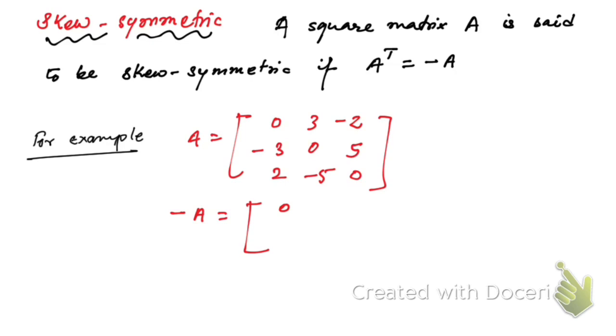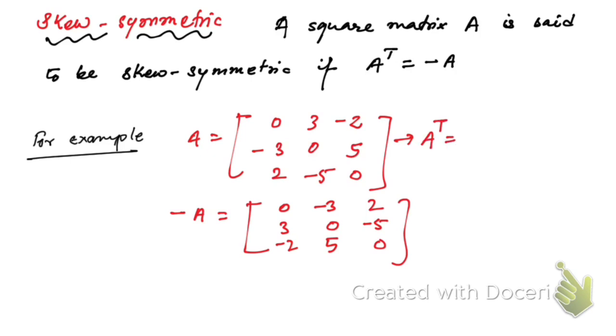Negative of 0 is simply 0, then minus 1, then plus 2, right? Then 1, minus 0 is 0, minus 3, then minus 2, plus 3, and 0.